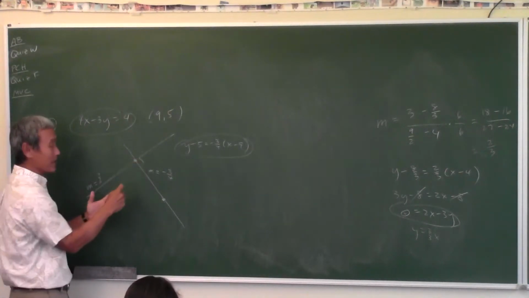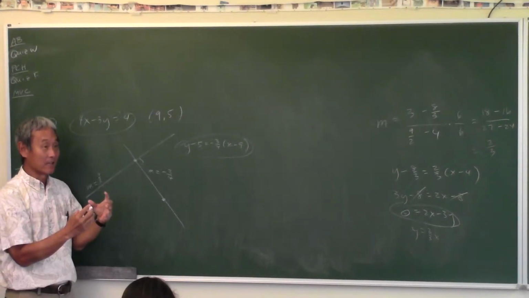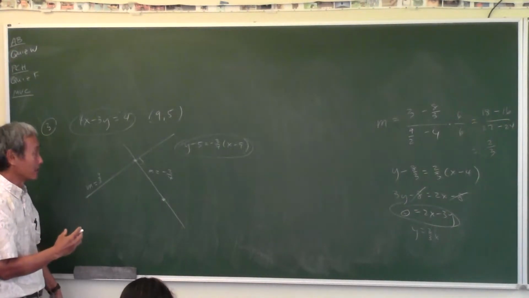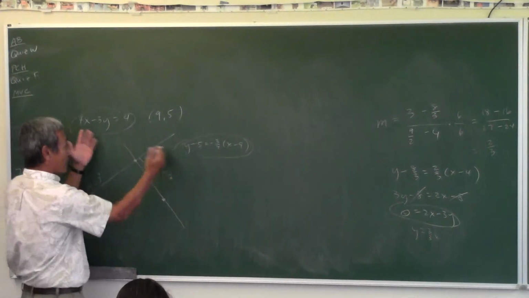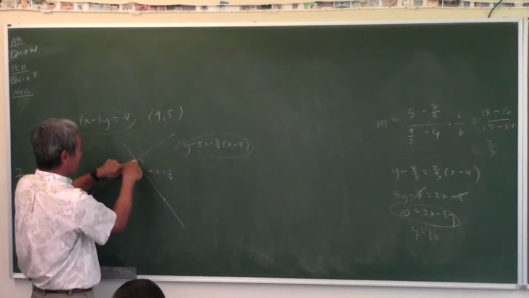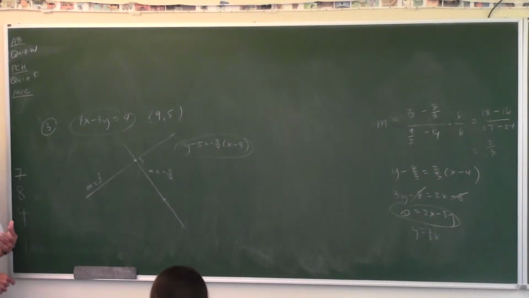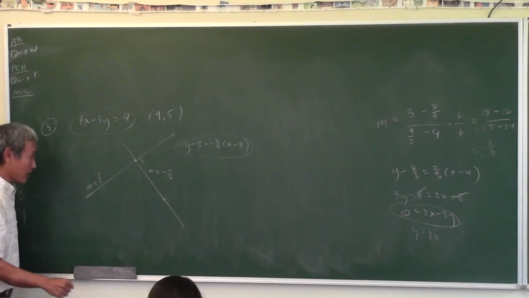It's going to be a point. Did anybody do this? It came out kind of ugly, yeah? Once you get this point, you simply use the distance formula between this point and that point, and then you're done. But it takes a while. You have to do quite a bit of algebra. There has to be an easier way.